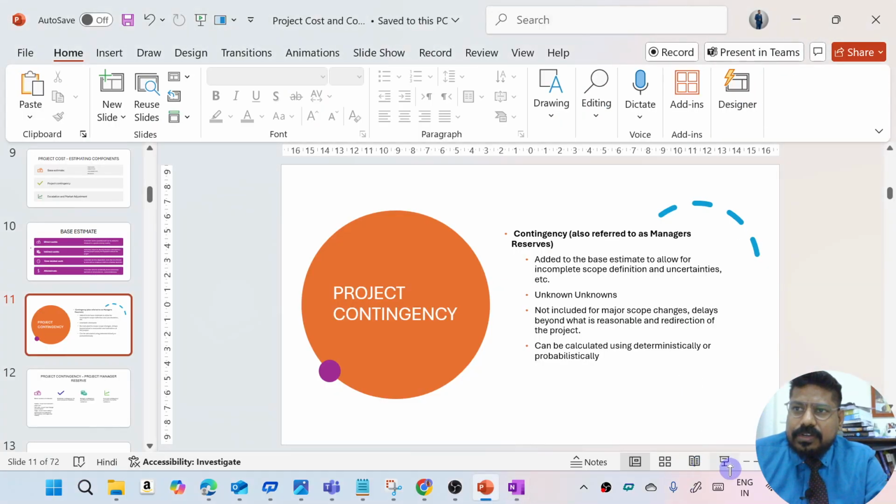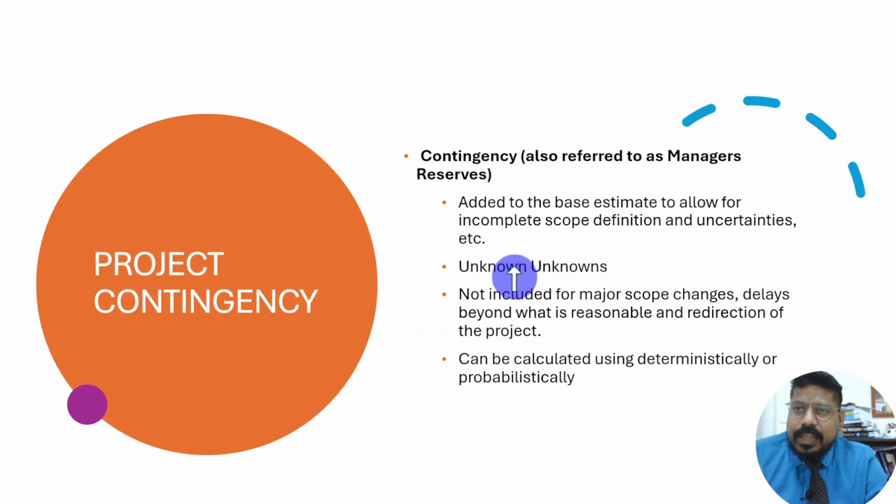Let's go back to our discussion. Unknown unknowns. I hope it is now clear. Not included for major scope changes, delays beyond what is reasonable, and redirection of the project can be calculated deterministically or probabilistically. This is how you need to take care of the contingency reserve.